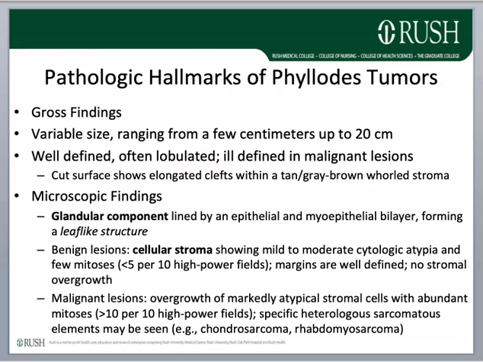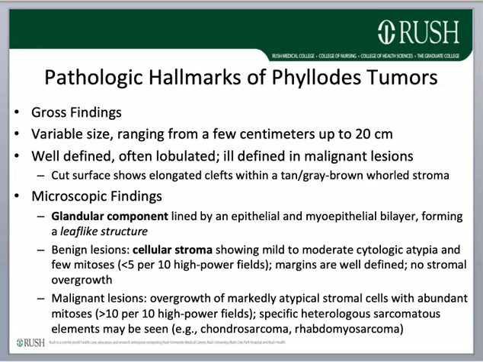Now, in benign lesions, the stroma is more cellular than what's seen in fibroadenomas. You may see mild to moderate cytologic atypia and a few mitoses, but the margins are still well defined and there's no overgrowth of the stroma. In malignant lesions, however, there's overgrowth.